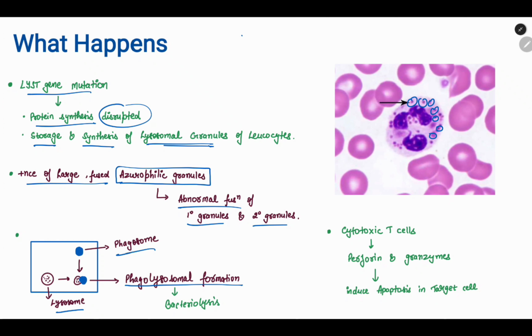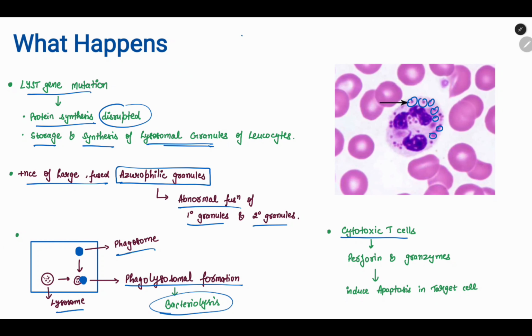After the formation of this complex, the lysosomal enzymes kill the bacteria, and bacteriolysis happens. But due to the mutation of this LYST gene and the presence of these azurophilic granules, this process is affected. Chemotaxis is impaired, and the phagolysosome formation is also delayed, due to which there is decreased phagocytosis and increased risk of infections.